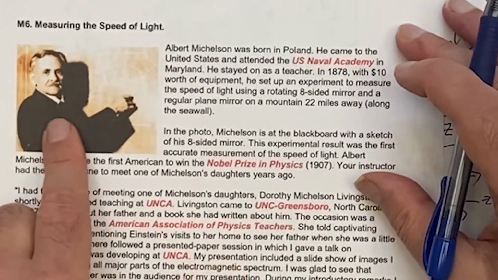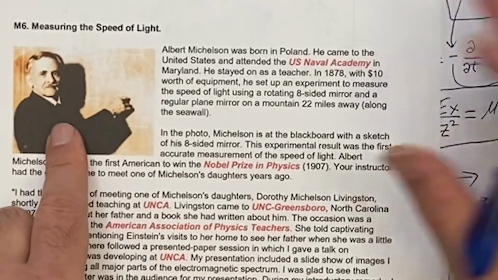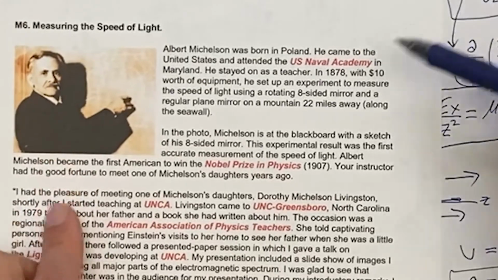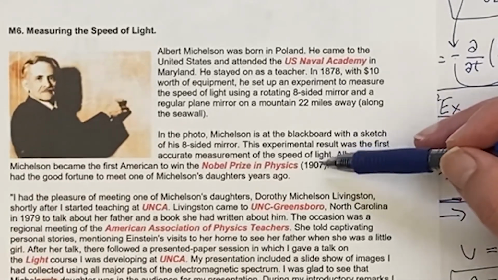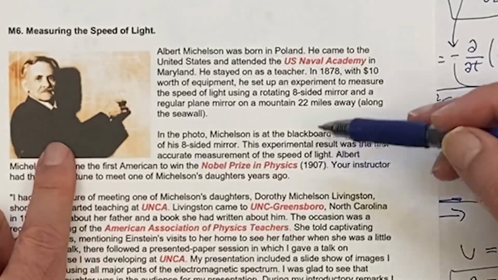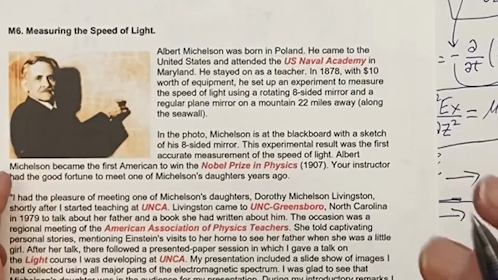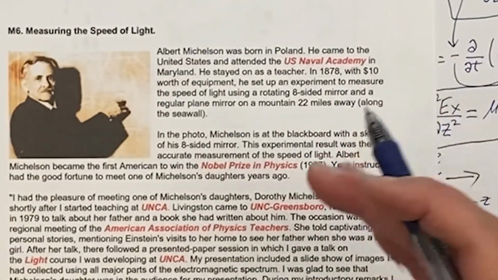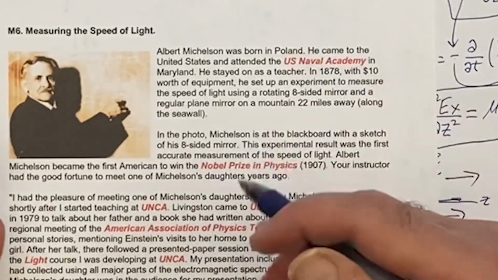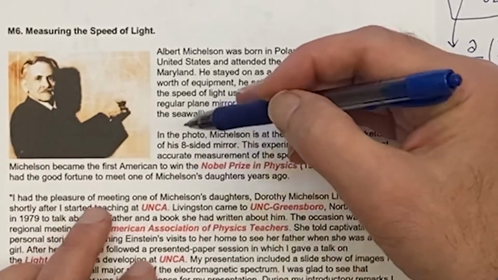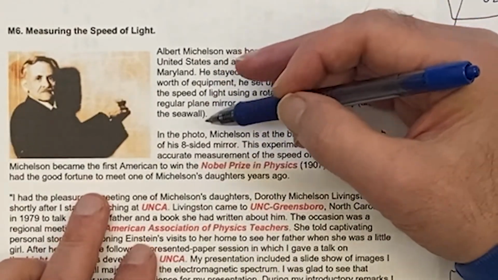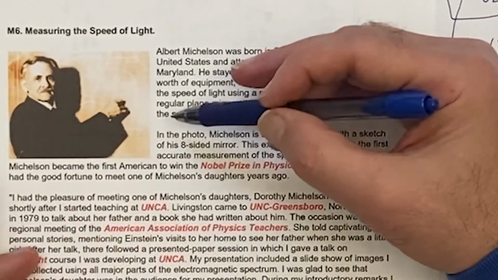Born in Poland, he came to the United States and attended the U.S. Naval Academy in Maryland. He got the Nobel Prize in 1907, and he was born close to the middle of the 1800s, but he got married again when he was almost 50 and had children then, and one, Dorothy, I got to meet.